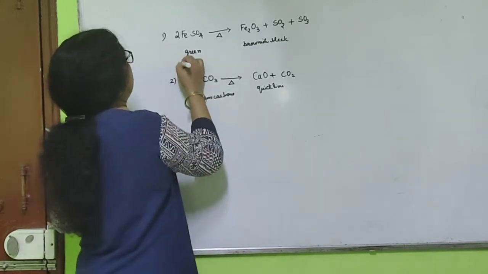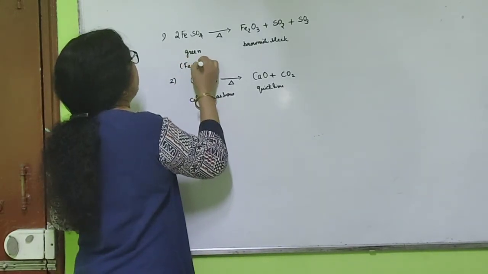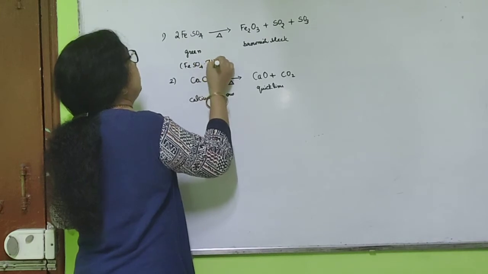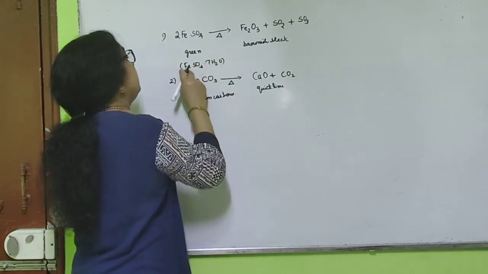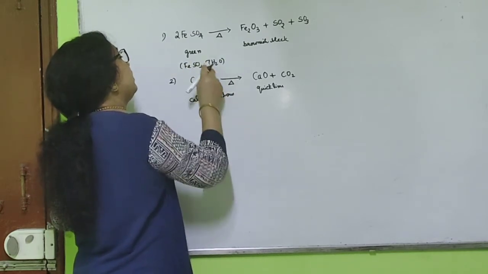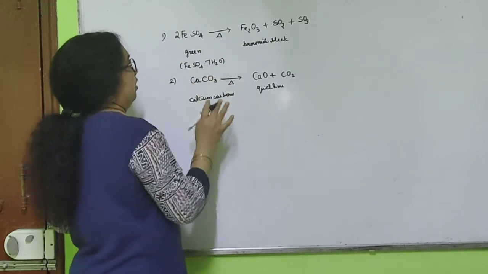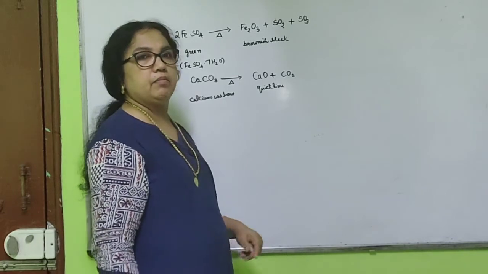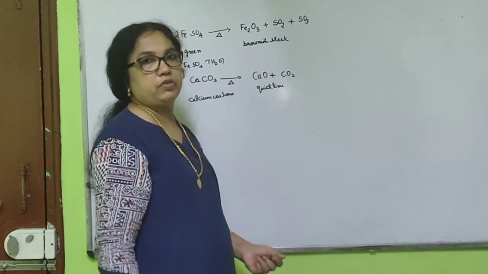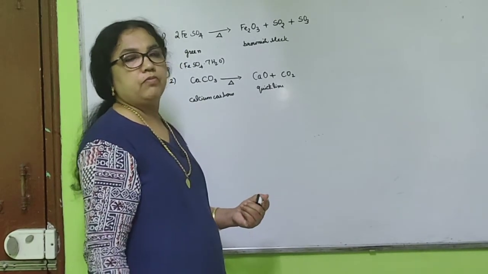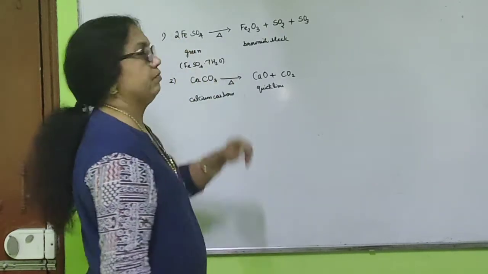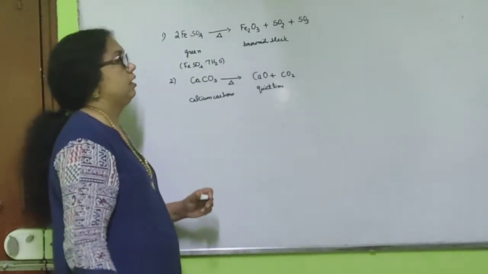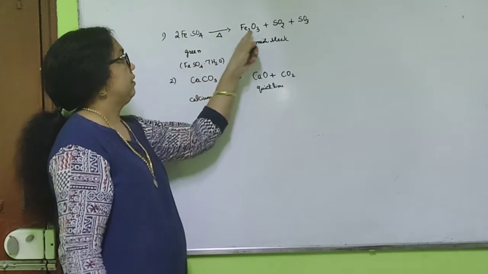The actual formula is FeSO4 7H2O, but when balancing the equation we write only FeSO4. So 2 FeSO4 gives Fe2O3.